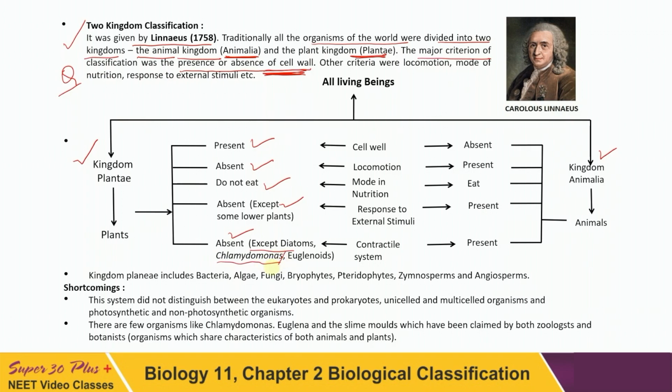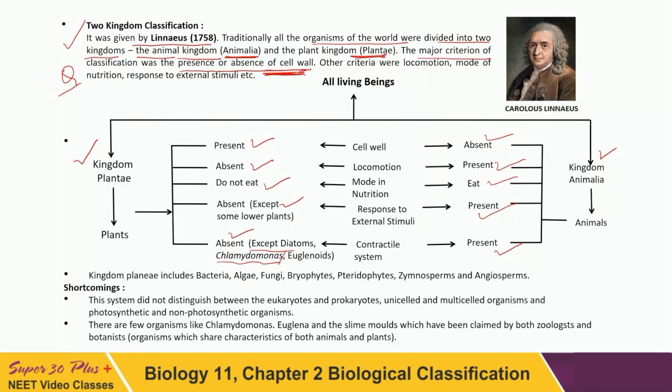On this side, cell wall is absent in animals, locomotion is present, in mode of nutrition they eat solid food, response to external stimuli is present, maybe of varying degree, and contractile system is present.